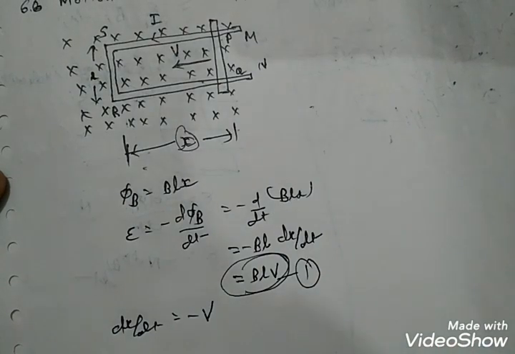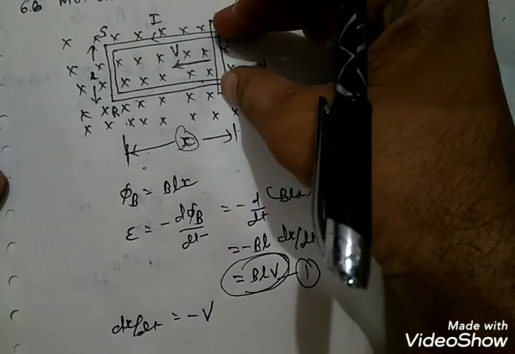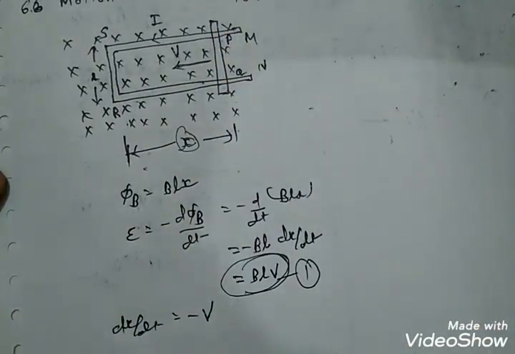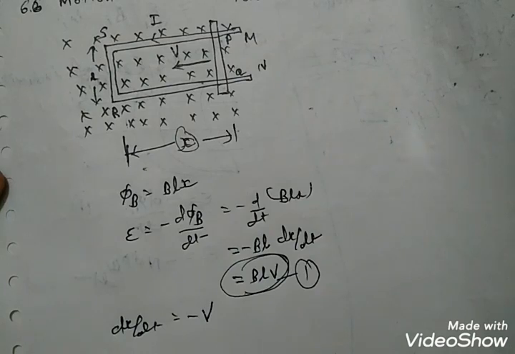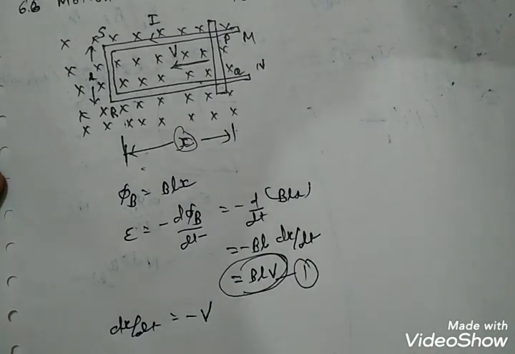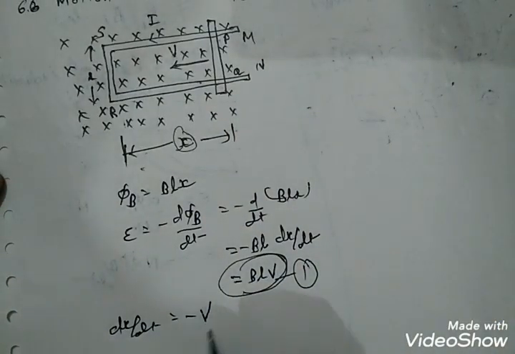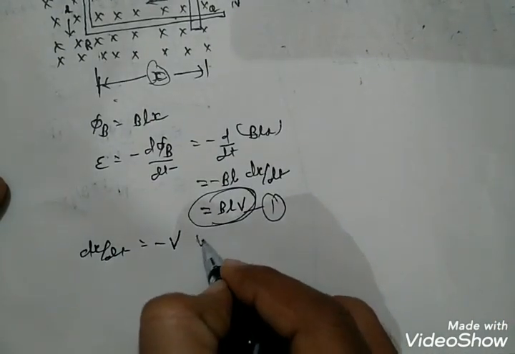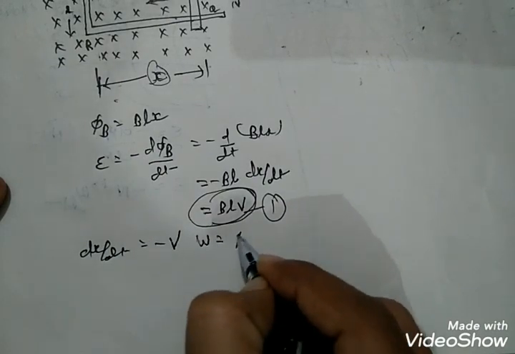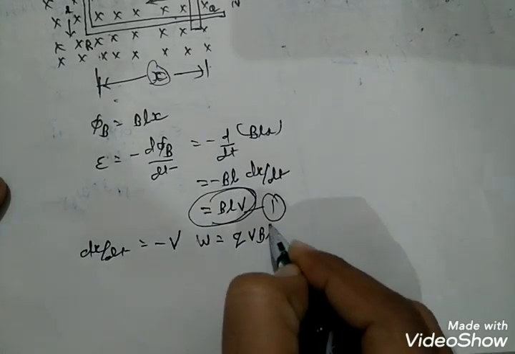It is also possible to explain the motional EMF in this equation, BLV, using the Lorentz force acting on the free charge carriers of the conductor PQ, this moving rod. Consider that all charges experience the same force in the magnetic field and direction. So the work done in moving a charge from P to Q is given by work done W is equal to QVBL.